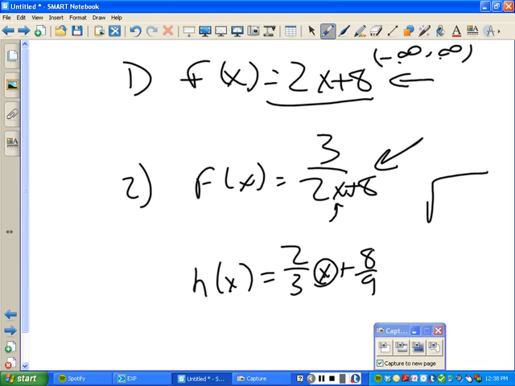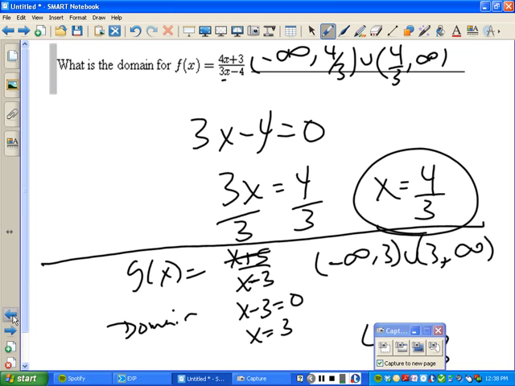As long as the x is not in the bottom, I don't care what it looks like. What if it's something like f of x equals 4x plus 3 over 3x minus 4, and then you have like 2 over 3x plus 8? Is that a problem? No. I'd love to see that one. That sounds like a good one.